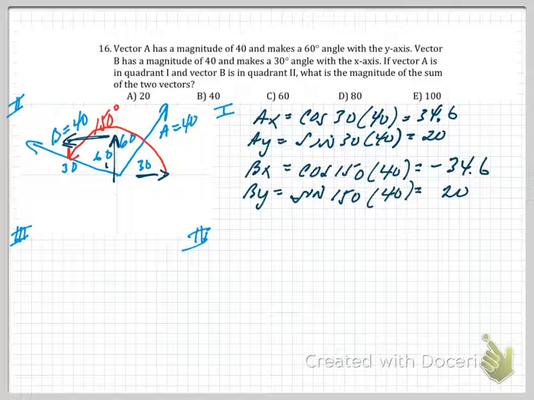Now, if you didn't want to use the 150, we could use other angles here. Let's see what that looks like. Bx and By. Let's get rid of some of this.